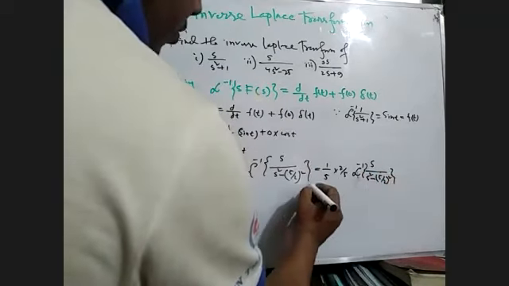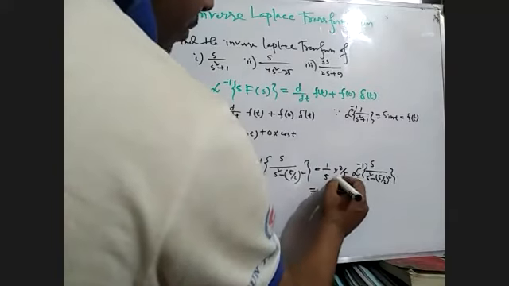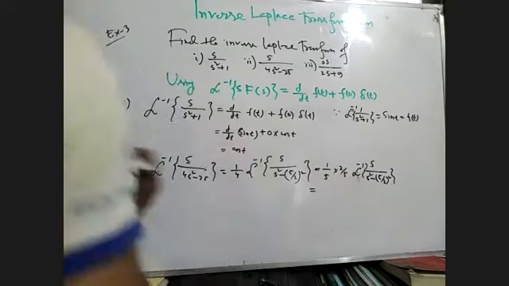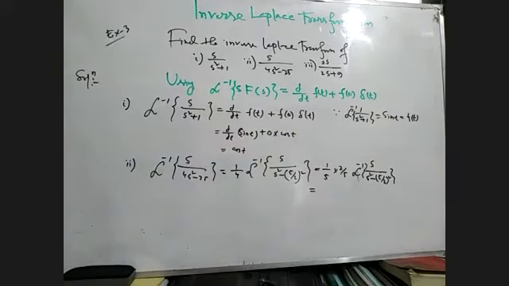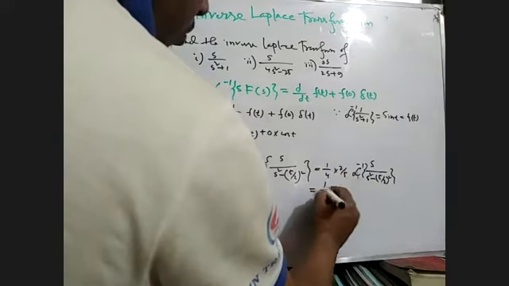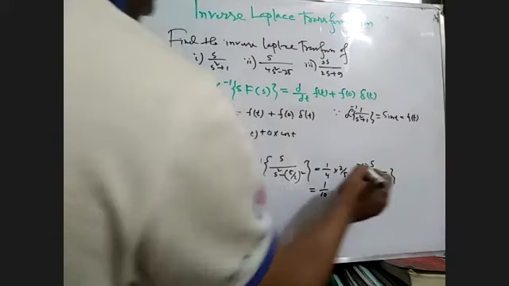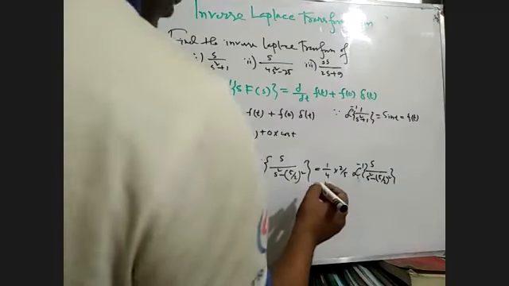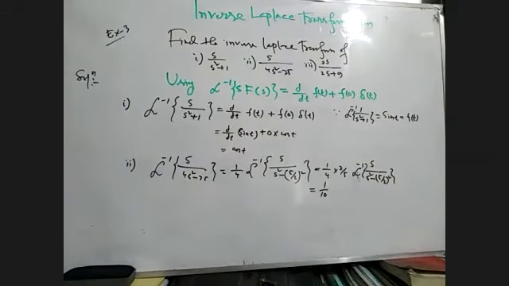So this equals 2 by what? This can be written as, sorry, this is 1 by 4. So 1 by 10 into this inverse Laplace transformation formula. What will be?